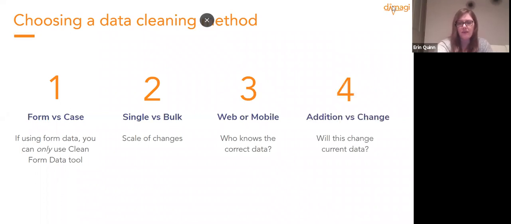And then lastly, is this an addition or is it a change? Is the change that you're about to make in a form or a case property going to have other downstream implications? And if it does, what are they?